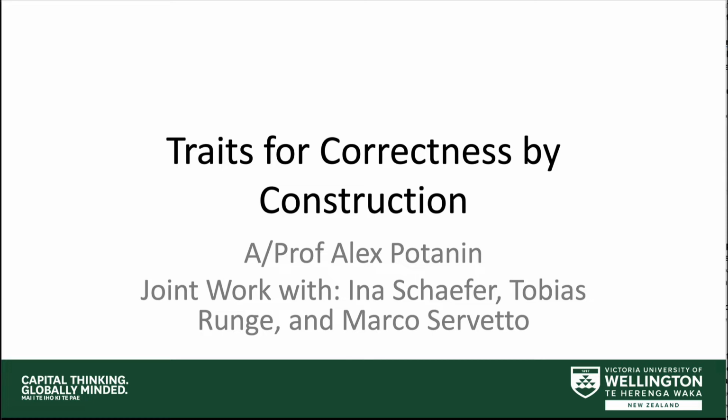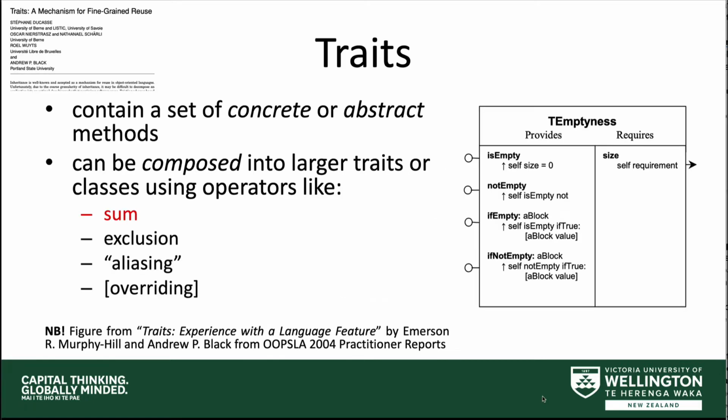So without any further ado, I want to introduce traits. Traits is an idea that was coming out about 15 years ago after people were exploring the various alternatives to inheritance or code reuse.